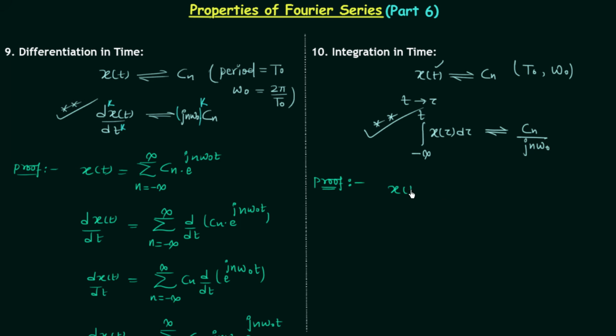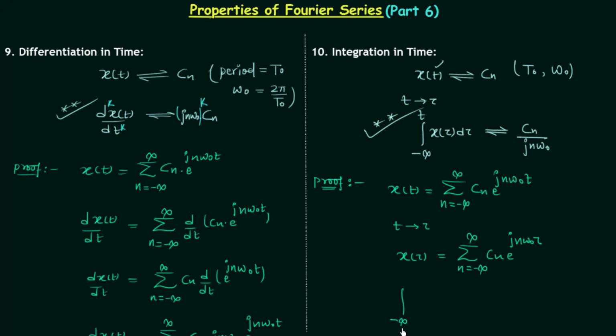Again, I will first write down the Fourier series expansion. x(t) equals summation, coefficient Cn multiplied by e power jn omega naught t. Now I will replace t by tau. So we will have x(tau) equal to summation n equal to minus infinity to infinity Cn e power jn omega naught tau. Now we will integrate both the sides.